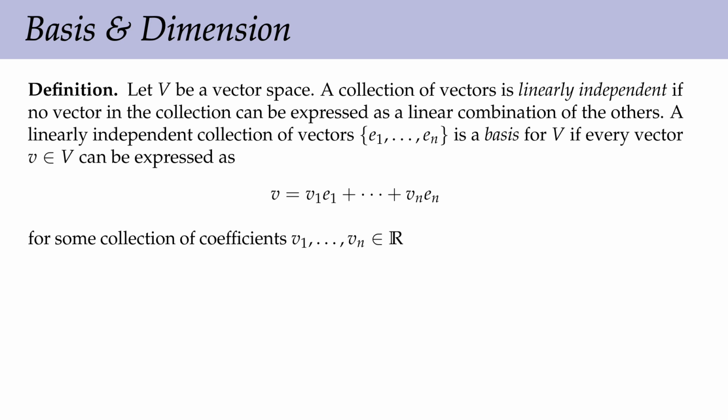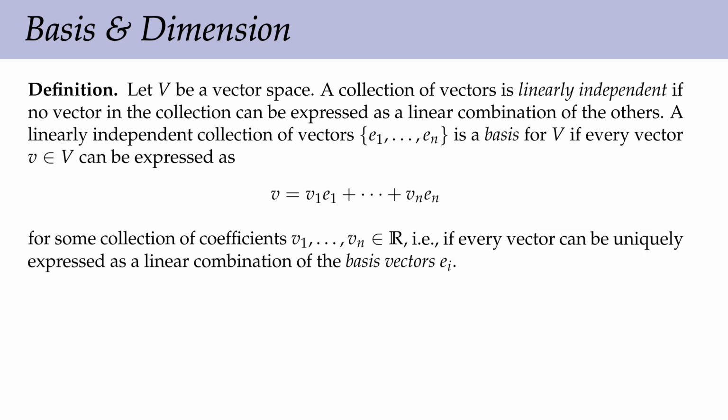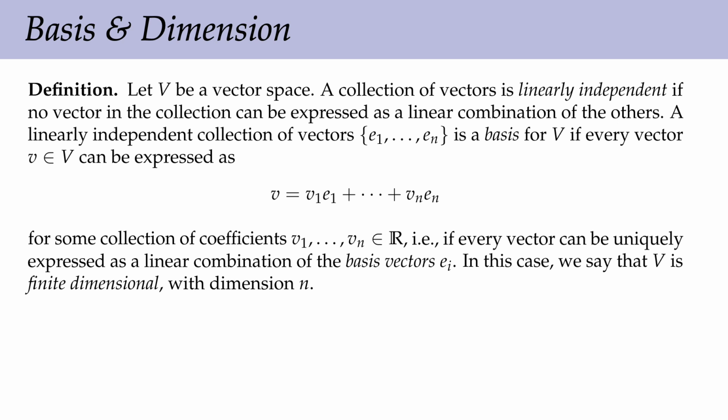In other words, it's a basis if every vector can be uniquely expressed as a linear combination of these basis vectors. In this case, we would say that V is finite dimensional with dimension n. Every vector can be expressed using just n coefficients.